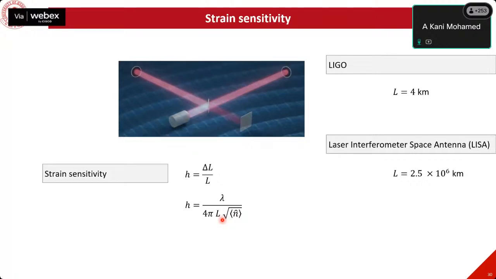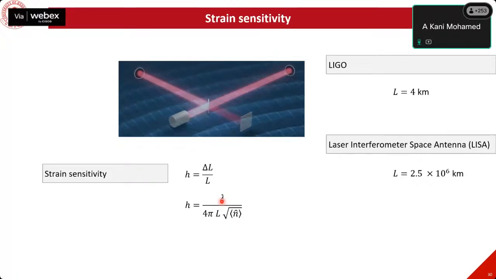Okay. So how can we enhance the sensitivity? There are just 3 parameters: lambda, length, as well as the power or the mean photon number of the laser. For lambda, we don't have laser light in all the frequencies. So we have to generate a laser which is highly coherent, which has very minimal fluctuation in its amplitude, phase, as well as its frequency.